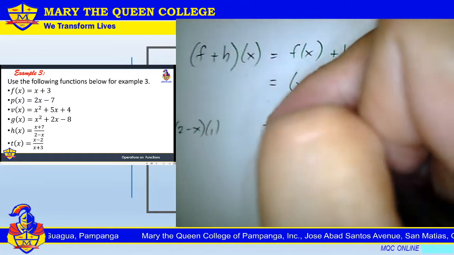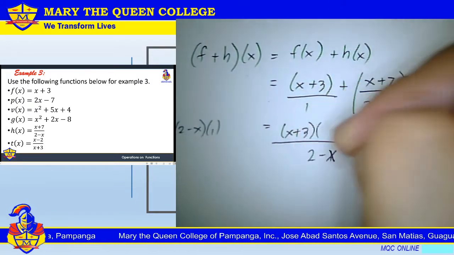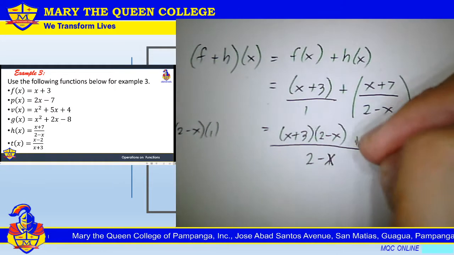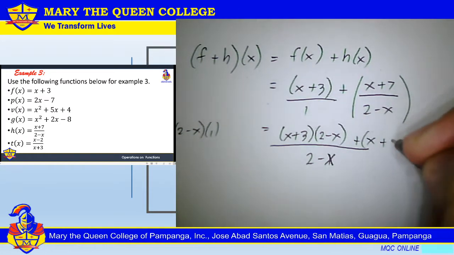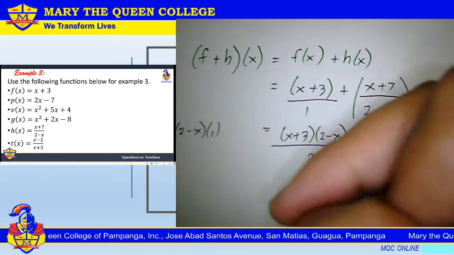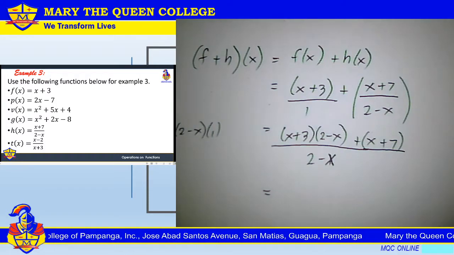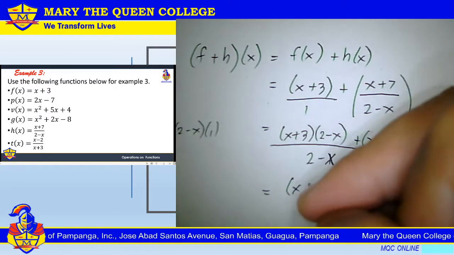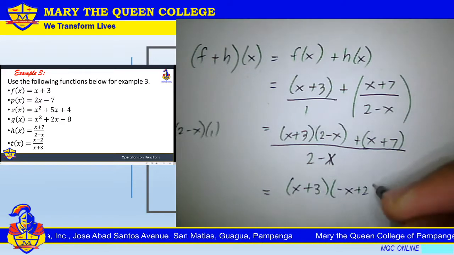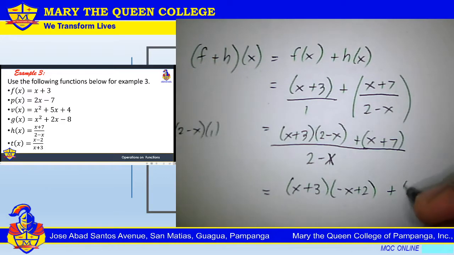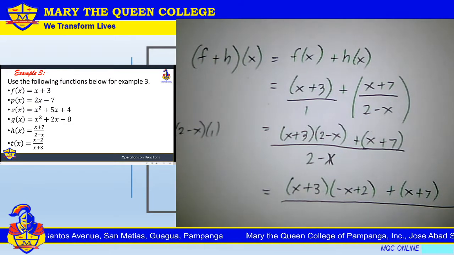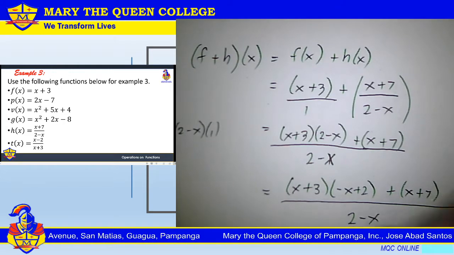So from here, we will now have 2 minus x as our denominator. Divide natin doon, so we will have x plus 3 times 2 minus x plus x plus 7. Then, para hindi tayo malito, i-arrange natin yung ating mga numerators: x plus 3 times negative x plus 2, plus x plus 7 all over 2 minus x.